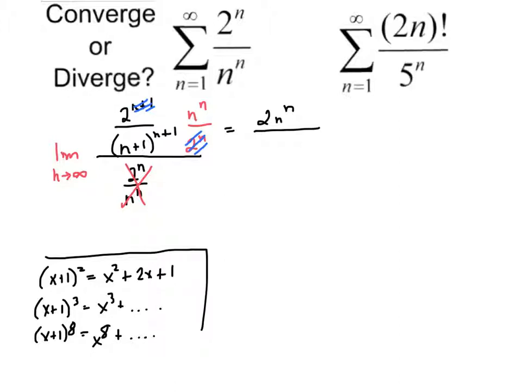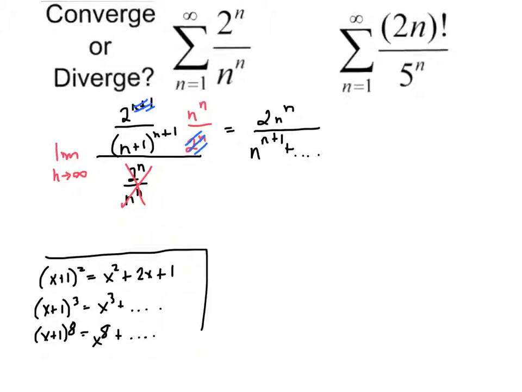So when you have n plus 1 raised to the n plus first power, your first term will be n raised to the n plus first. And then you will have many terms after that, but of course they are all less in terms of power.